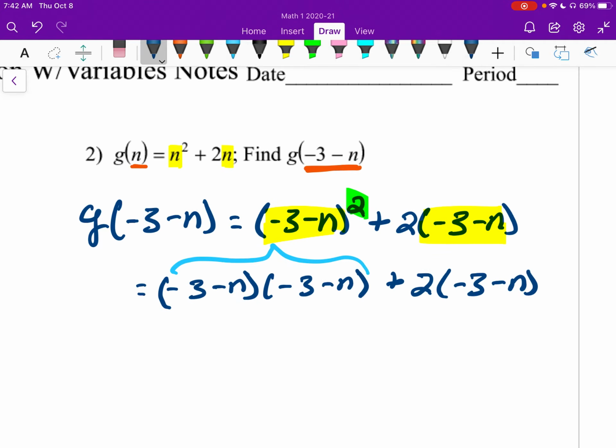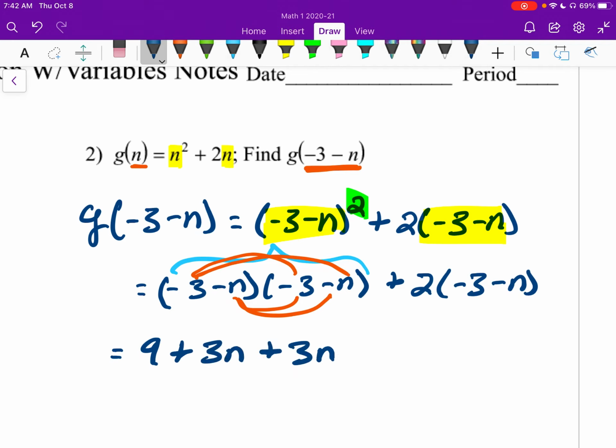I'm going to start with the -3 going to both of those, and the n going to both of those. So I have -3 times -3 is 9, plus 3n, and then another plus 3n, and then plus n squared. And now I distribute the second set. It'll be -6 minus 2n.